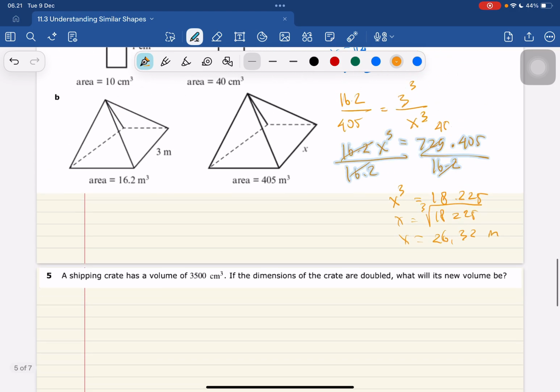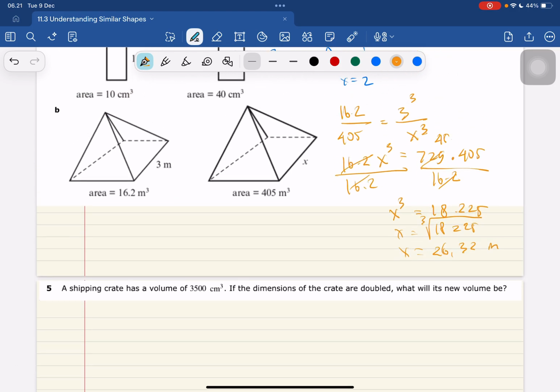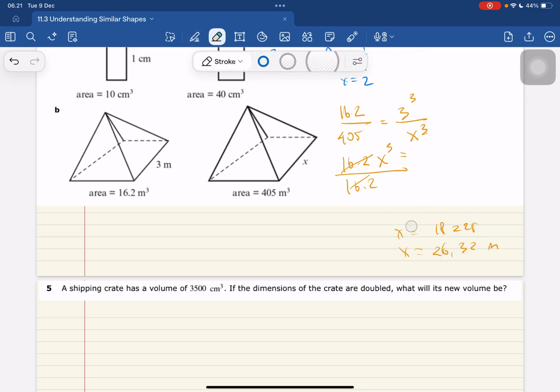Sorry, my bad. Let us take a look first. 3 cubed. Okay, 3 cubed has to be 27. Okay, my bad. Let us take a look again.